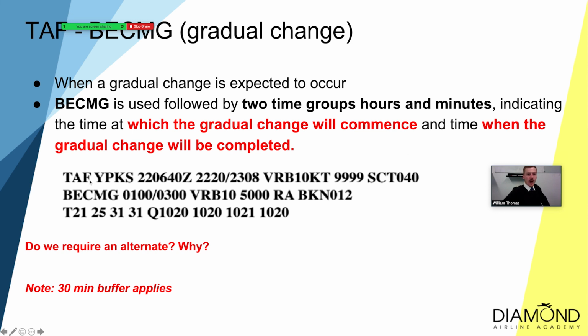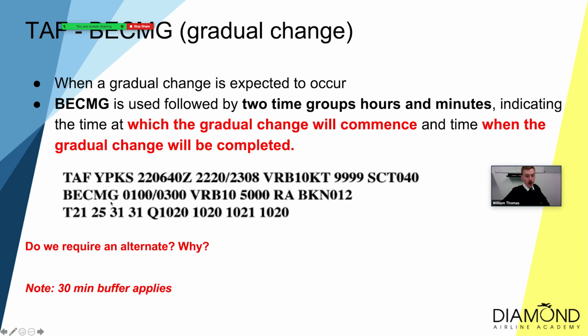Terminal area forecast, YPKS, issued on the 22nd day of the month at 0640 Zulu. Valid between the 22nd day of the month at 20 Zulu to the 23rd day of the month 0800 Zulu. Wind variable 10 knots, visibility greater than 10 kilometres. Cloud scattered 4,000 feet.